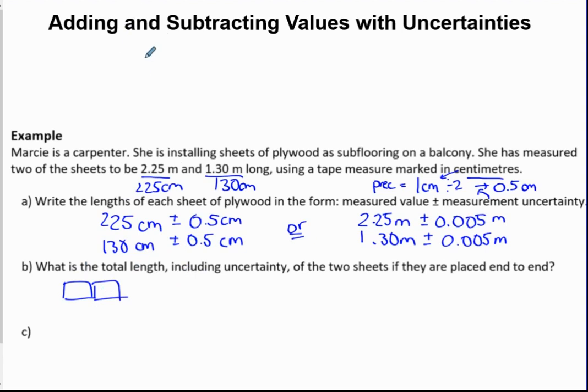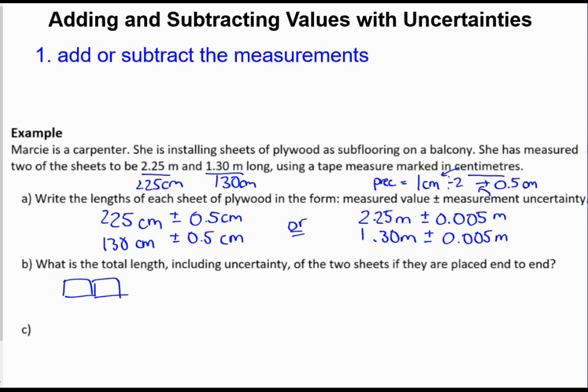So in order to add or subtract values with uncertainties, our first step is to add or subtract our measurements. So we're adding in this case, so we're finding the total length. I'm going to take my 225 centimeters and add that to my 130 centimeters to get my 355 centimeters. Okay, and now there are uncertainties in both of these measurements. So this one could be off by half a centimeter, and this one could be off by half a centimeter.